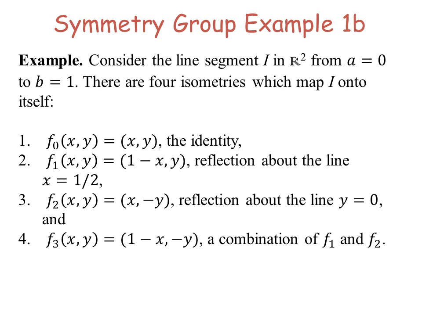They are the functions f sub 0 of x,y equals x,y, which is the identity function; f sub 1 of x,y equals 1 minus x,y, which is reflection about the line x equals 1/2; f sub 2 of x,y equals x, negative y, which is reflection about the line y equals 0; and f sub 3 of x,y equals 1 minus x, negative y, which is a combination of f1 and f2.